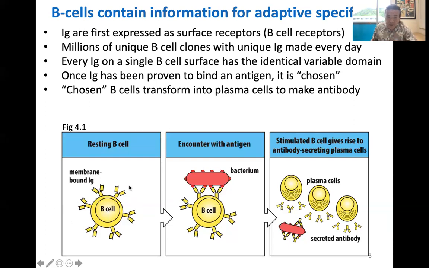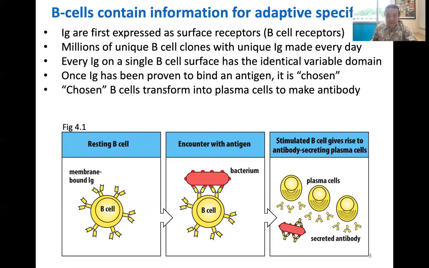In other words, this one B cell in the cartoon is covered with these B cell receptors. Each one of these immunoglobulins is identical, because that is the version of immunoglobulin and its variable three-dimensional shape that this particular B cell knows how to make. Another B cell that's born at the same time, coming out of the bone marrow, would also be covered in immunoglobulins, but those would have slightly different antigen binding domain shapes.